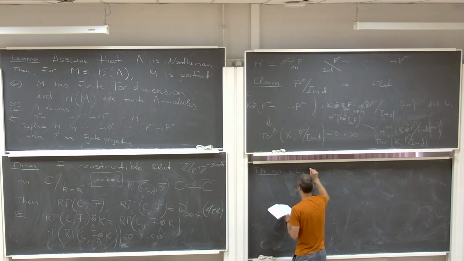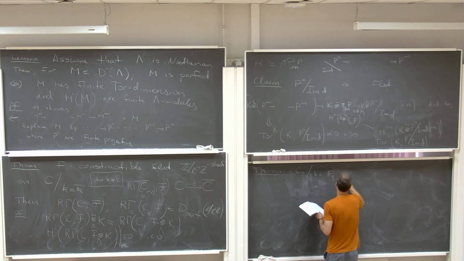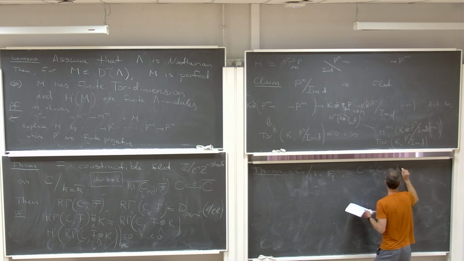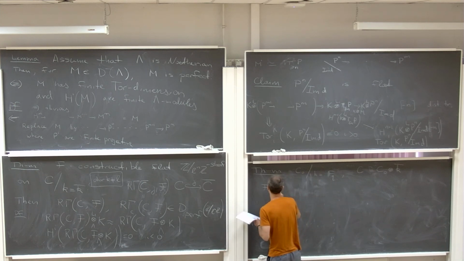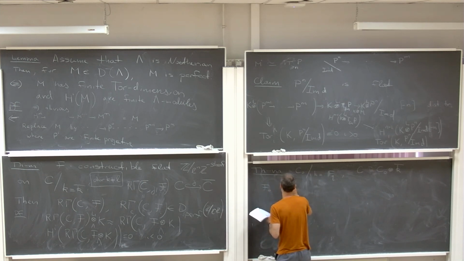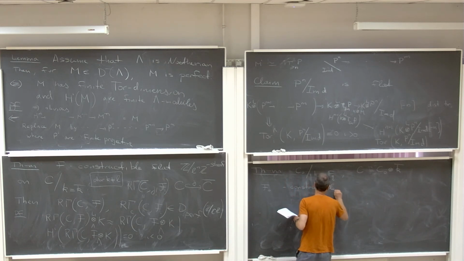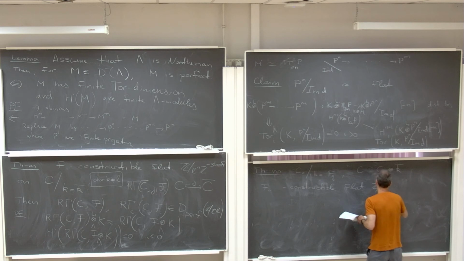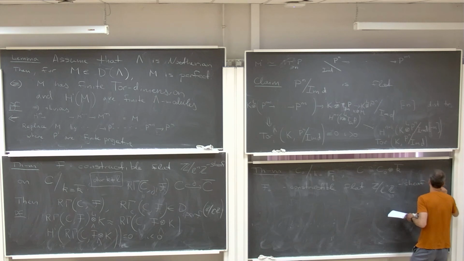Again, C0 will be a curve over a finite field. C is its base change to the algebraic closure. I have F0, a constructible flat Z mod L to the n Z sheaf on C0.